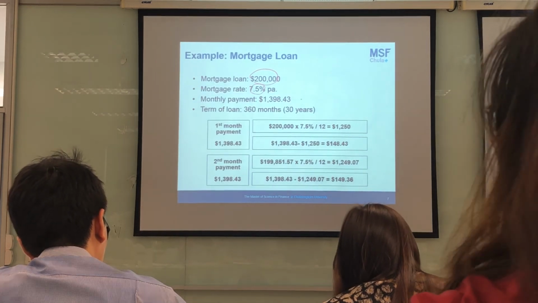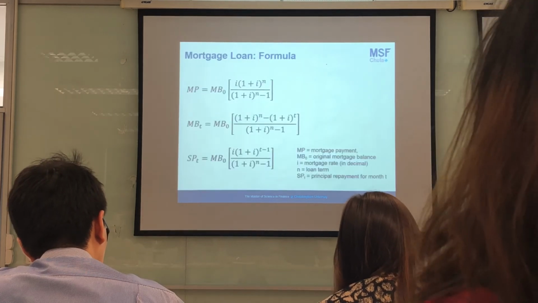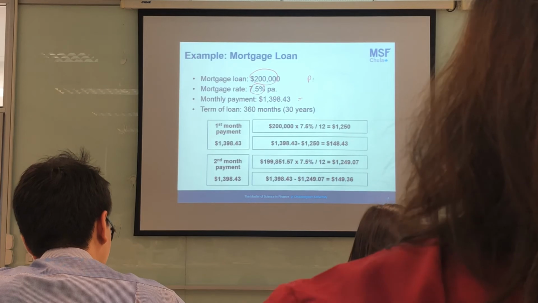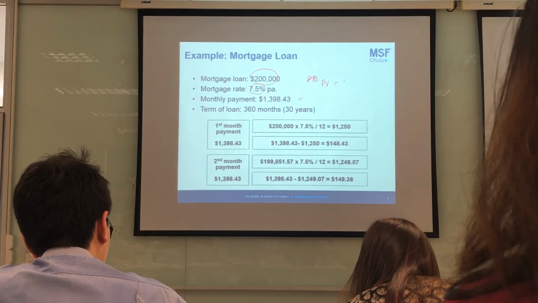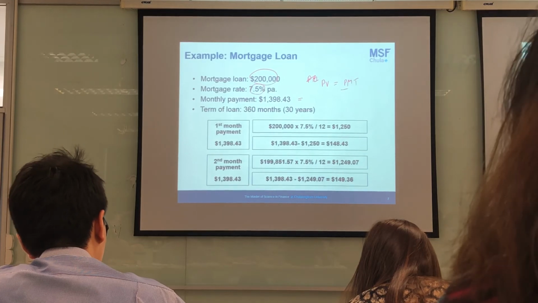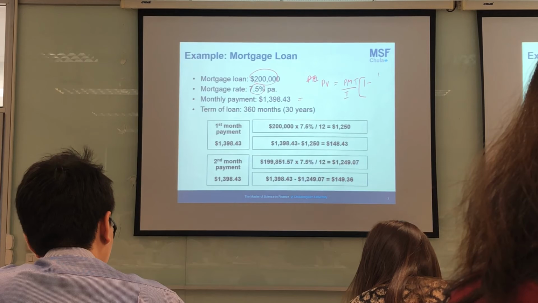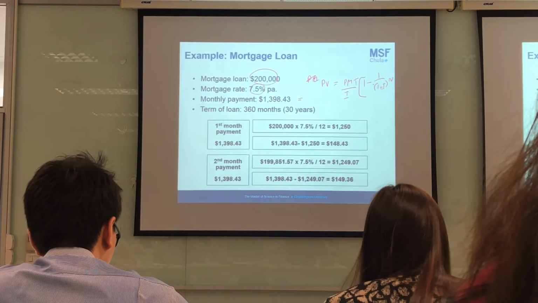So the monthly payment comes from the formula. You can use the formula in this slide. The present value of the annuity is equal to the PMT divided by I times 1 minus 1 over 1 plus I to the power of n.